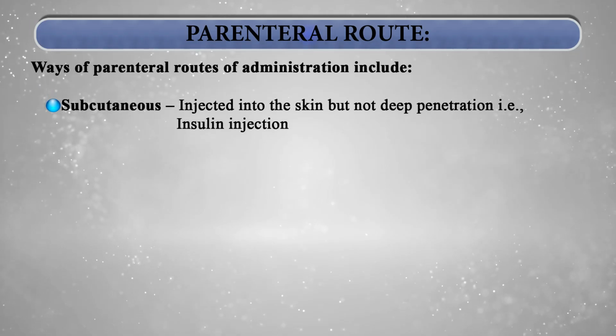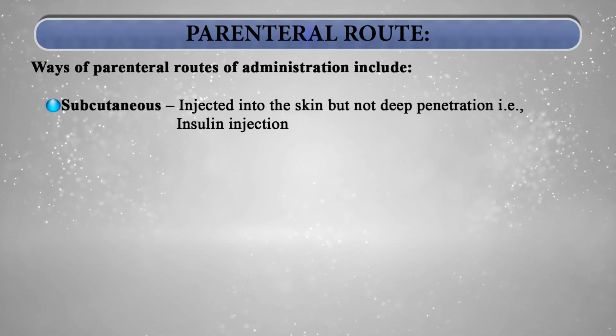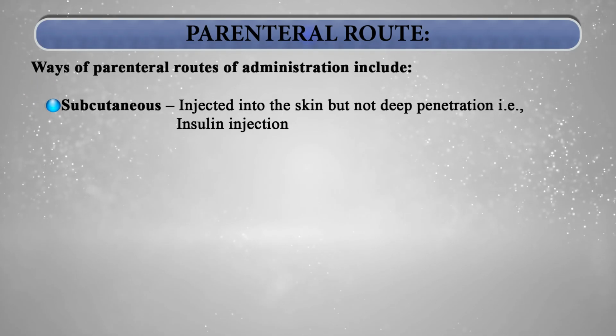So there are also various ways in which a parenteral enters into our body. These are subcutaneous, intramuscular, intravenous. Now you please see these names, they themselves will suggest how these parenterals can be given into your body. Subcutaneous means under the skin but not very deep.